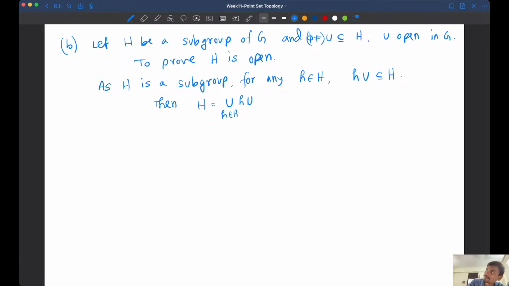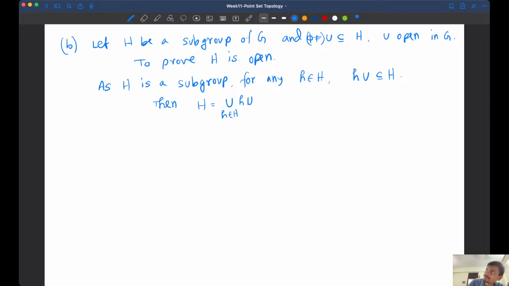Now can you use non-emptiness of U somewhere? I haven't used that U is non-empty, so you have to use it somewhere. If I take any element here, then I can take its inverse, and then e will belong to it.